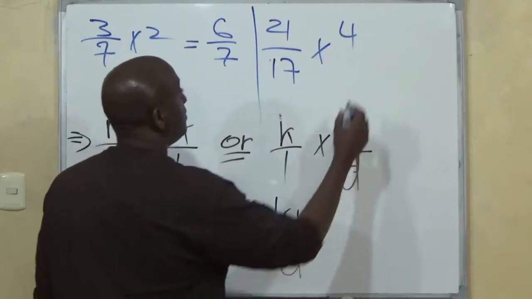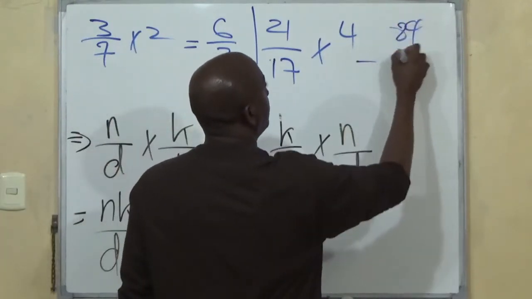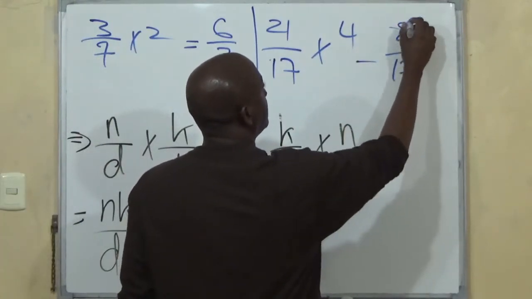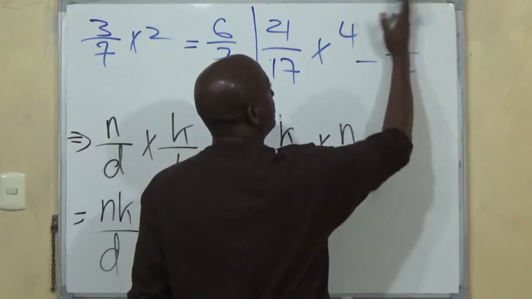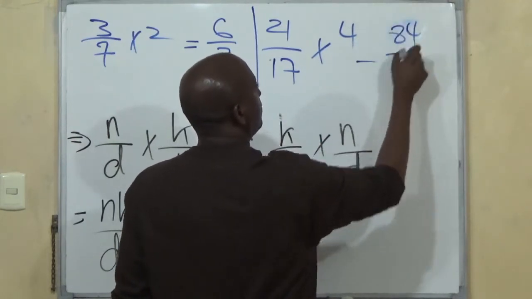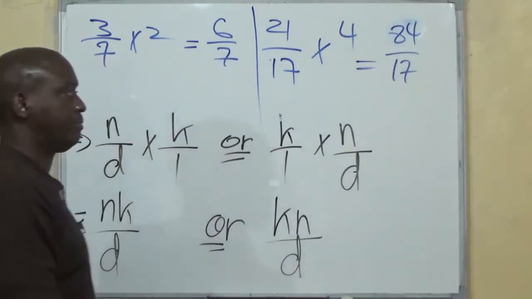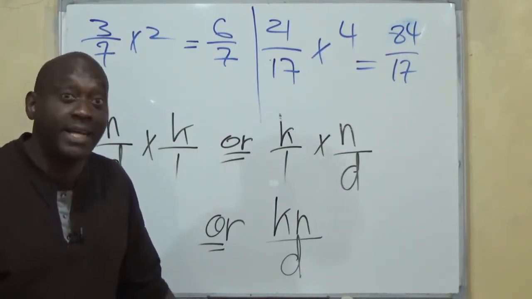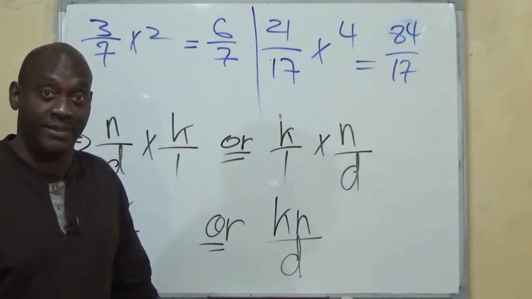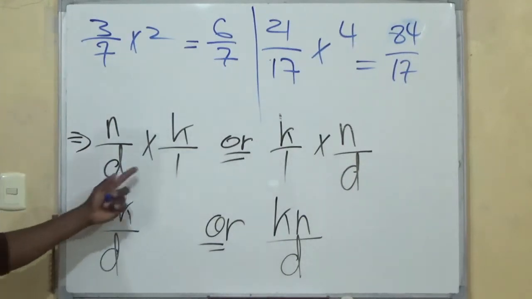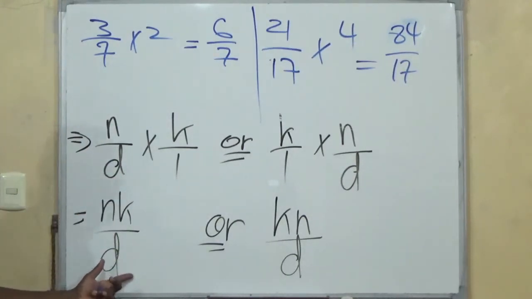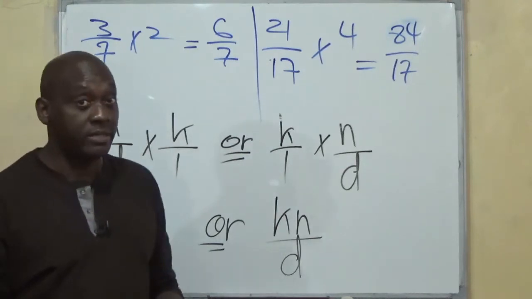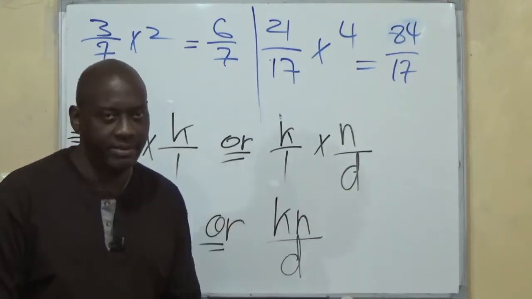So 21 over 17 by 4 would simply be 84 over 17. That 4 looking like a 9, boy. 84 over 17. And that is all. Right? Because d by 1 here will just give you d. So the denominator doesn't change. 1 by d will give you the same d.